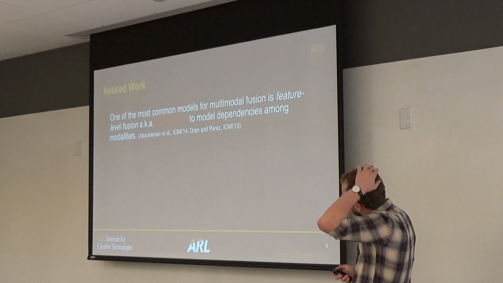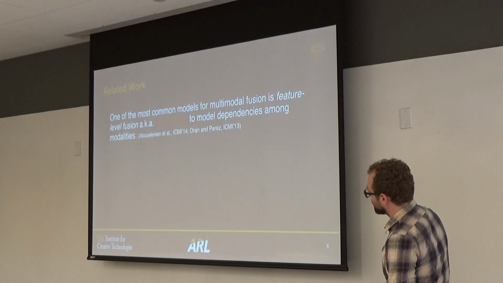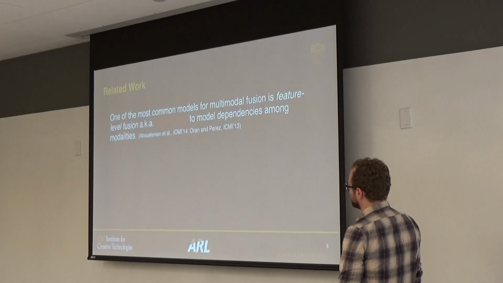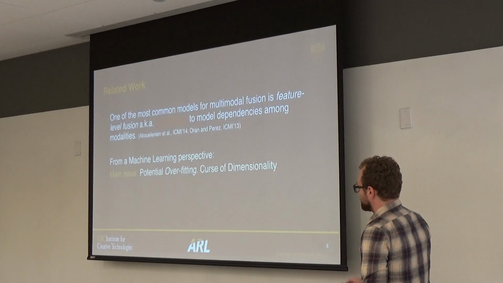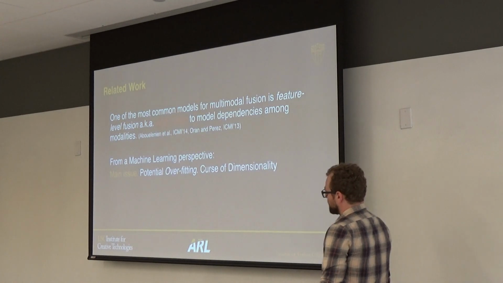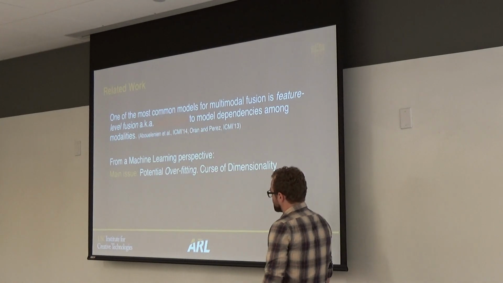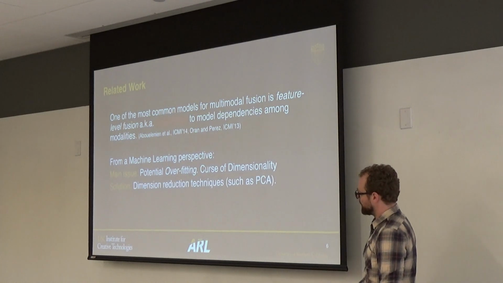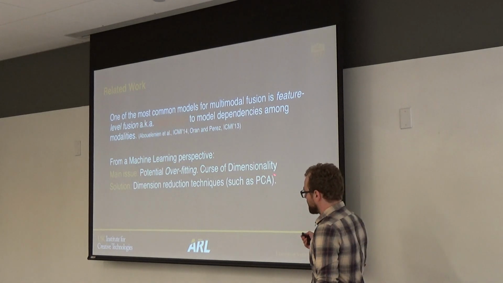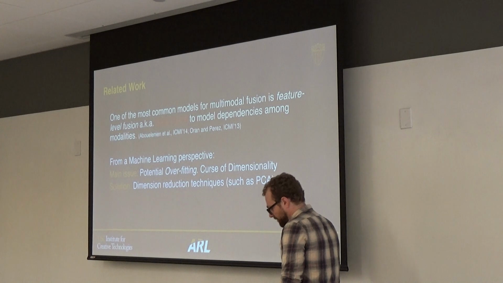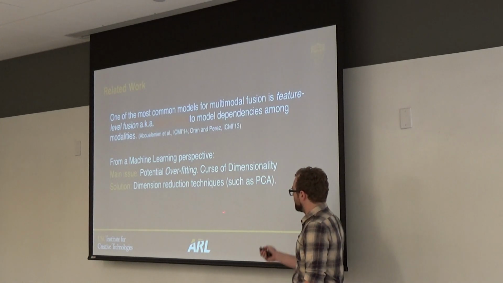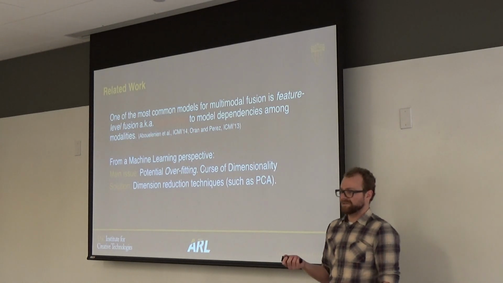In related work, well, we've talked about this. Early fusion has been pretty prevalent, but that's sometimes prone to overfitting, and the curse of dimensionality is kind of a big deal. A solution to this would be dimensionality reduction. For example, principal component analysis is one of those.